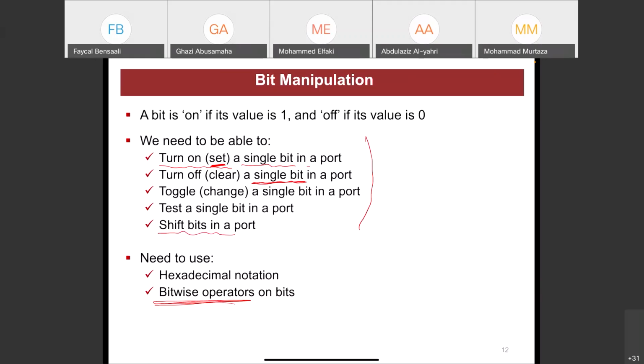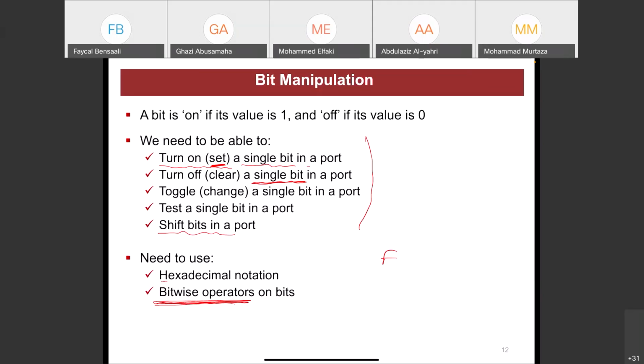To do this, we need to use bitwise operators, and preferably we use hexadecimal notation. You can work with decimal, you can work with octal. Binary, as we said, standard C doesn't have, and you need extra libraries to work with binary. But we usually work with hexadecimal, because hexadecimal is the closest to binary, and it's easy for us as humans.